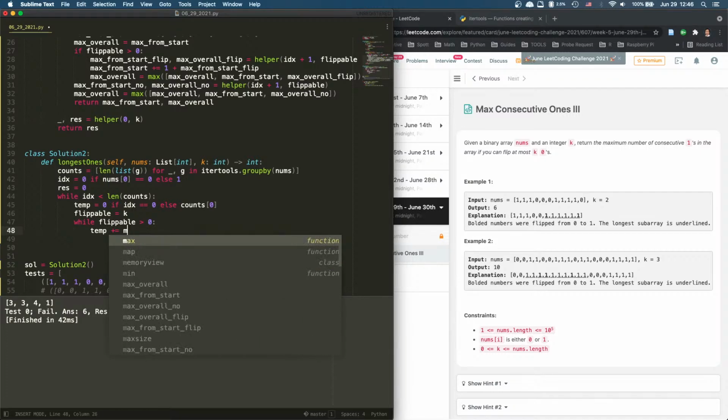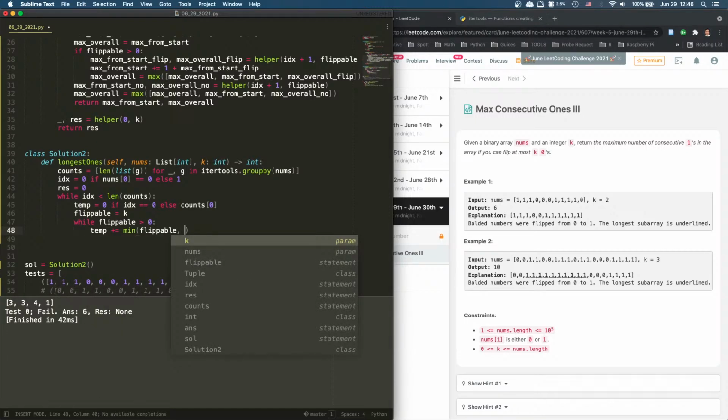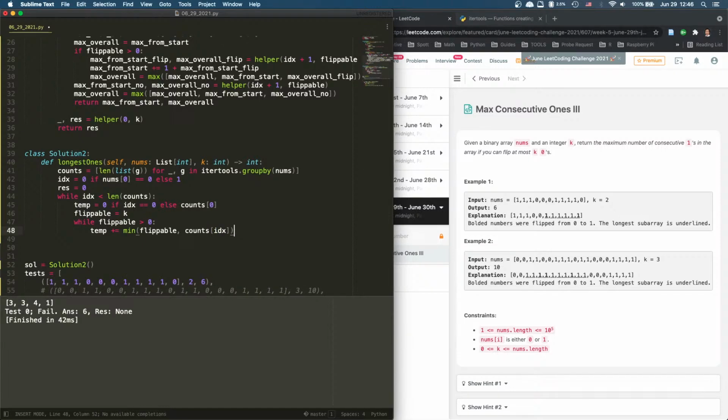So it's actually going to be the minimum of flippable and counts[index], right? So this is the maximum I can flip right now.